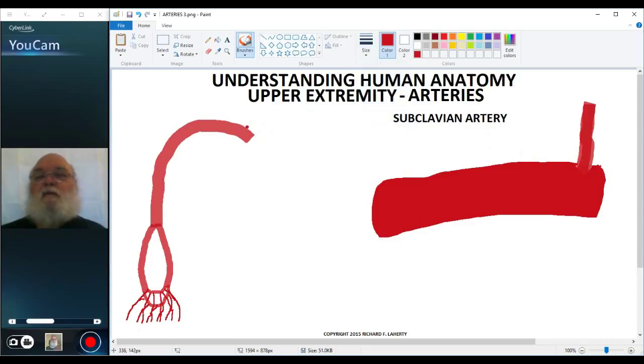Let me put it over here on the other diagram, small diagram. This is the vertebral artery.